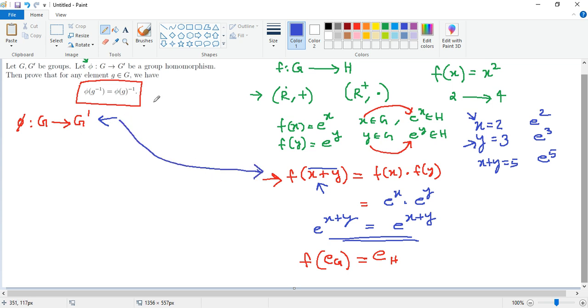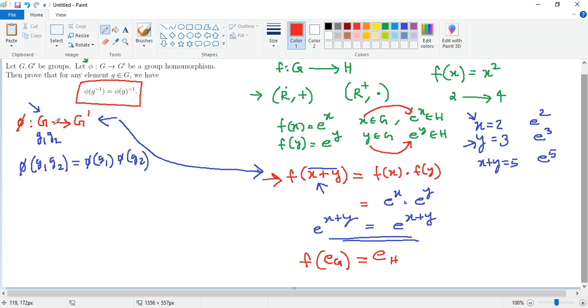If G1 and G2 are two elements of G, then phi of G1 G2 should be the same as phi of G1 and phi of G2.